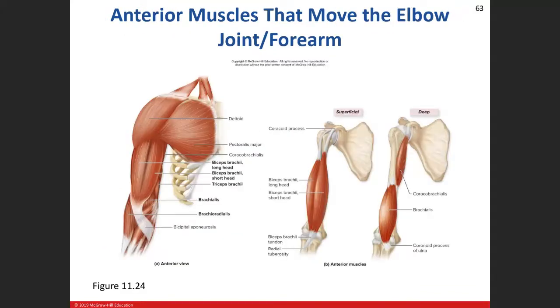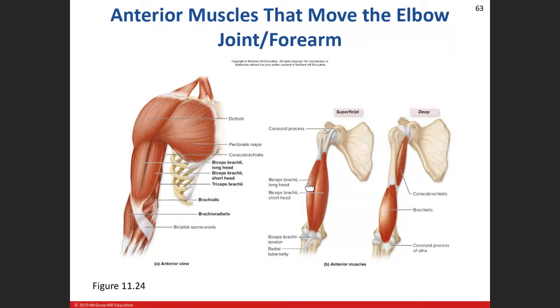So here we can see some of these muscles. Here is the superficial biceps brachii, the two heads here. Sorry, I misspoke. The actual short head attaches onto the coracoid process.